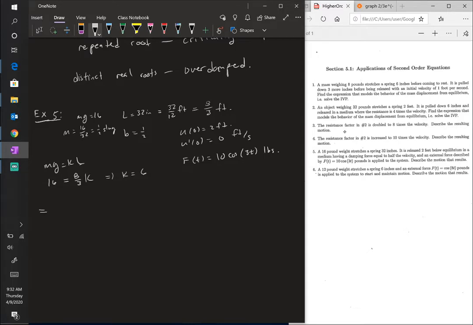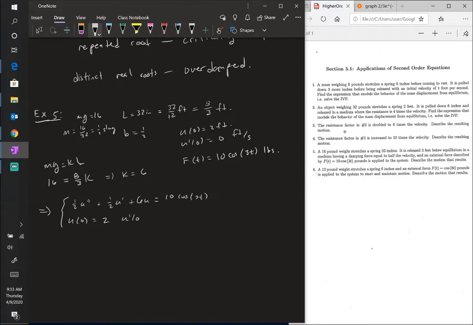So our differential equation, our initial value problem, is 1/2 u double prime plus 1/2 u prime plus 6u equals 10 cosine 3t. U of 0 is 2.